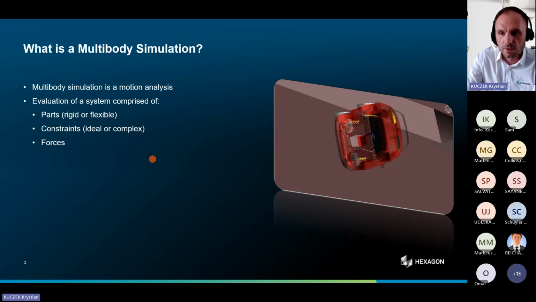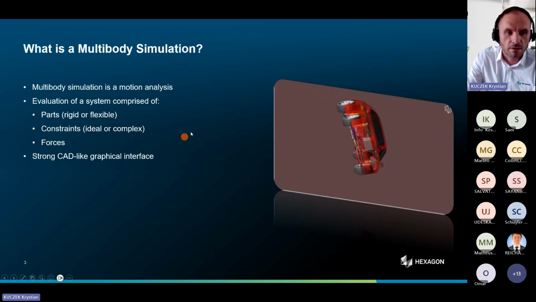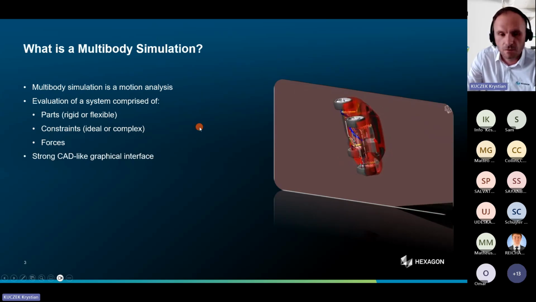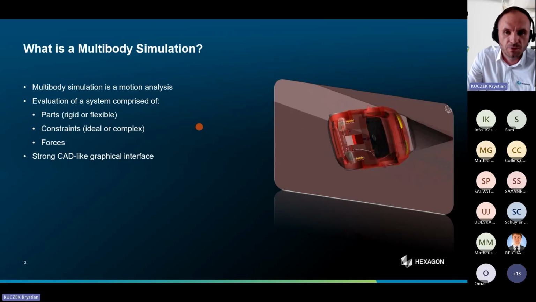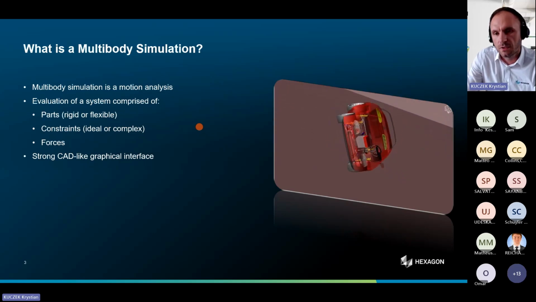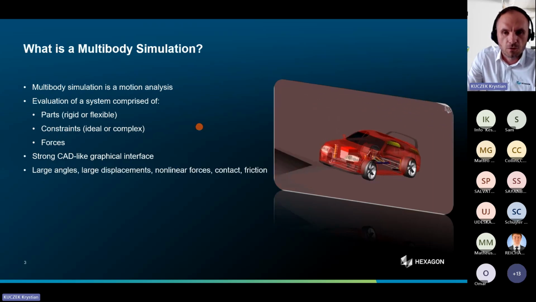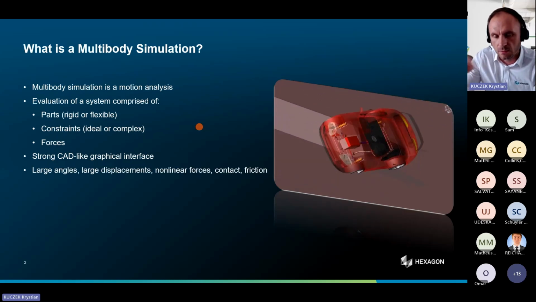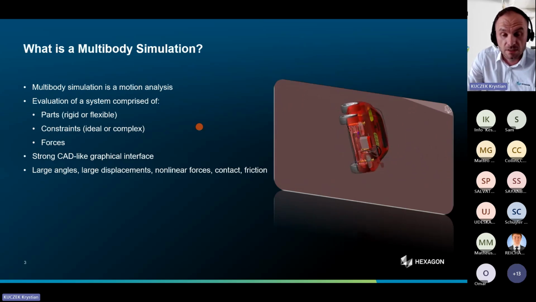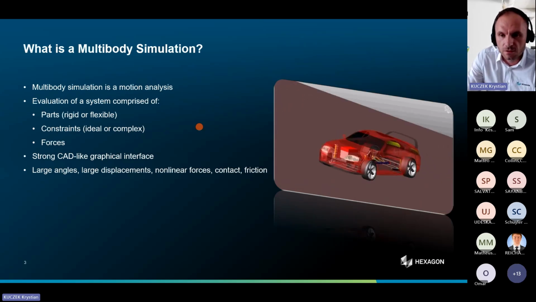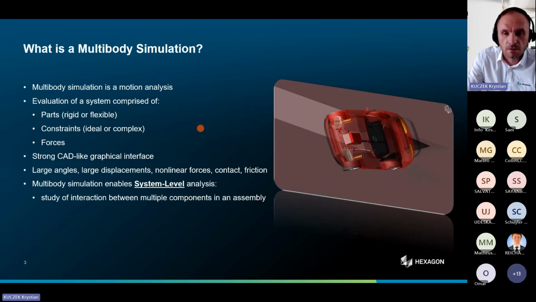We can use the strong CAD interface, where you can import your CAD geometry and, based on it, incorporate the mass and inertia tensor. Do not forget that during multi-body analysis, you will work with large angles, large displacements, and of course nonlinear forces, also including contact and friction.